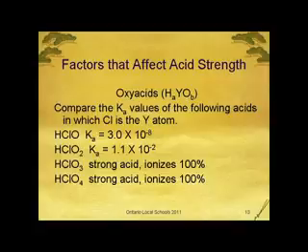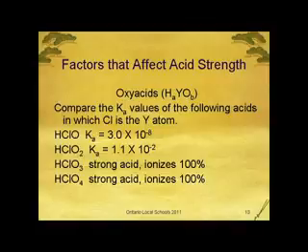So let's look at the Ka values here. You can see that for HClO, and oftentimes you will see this written HOCl, which puts a more structural look at what this acid really looks like, because the H is put with the O, which it is in reality. But the Ka value for that is 3 times 10 to the negative 8th.